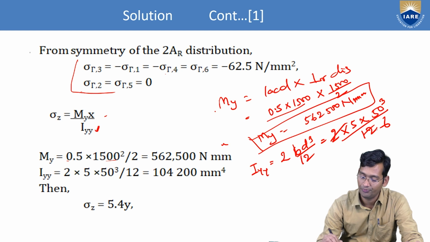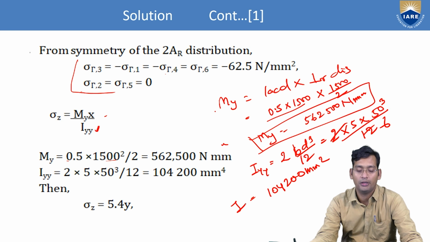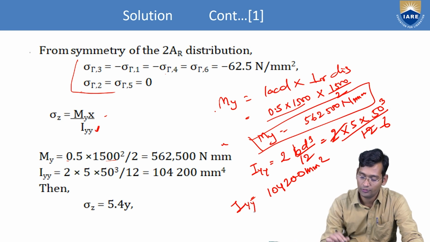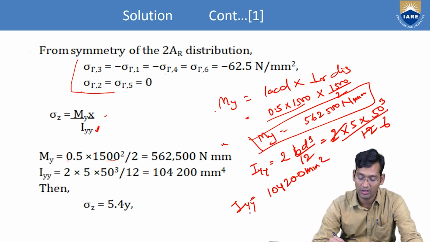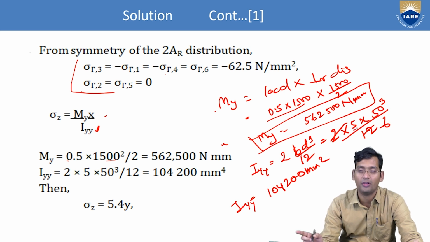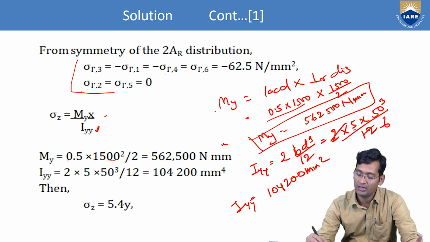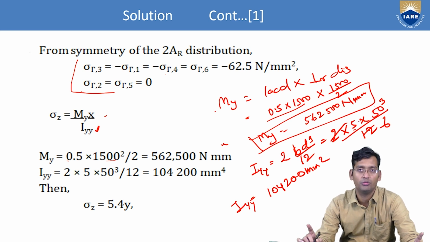After calculating we get 104200 mm power 4. So this is the value of Iyy. Along Iyy, D is 50 and B is 5. If along Ix, then 50 into 5 cube would be there.